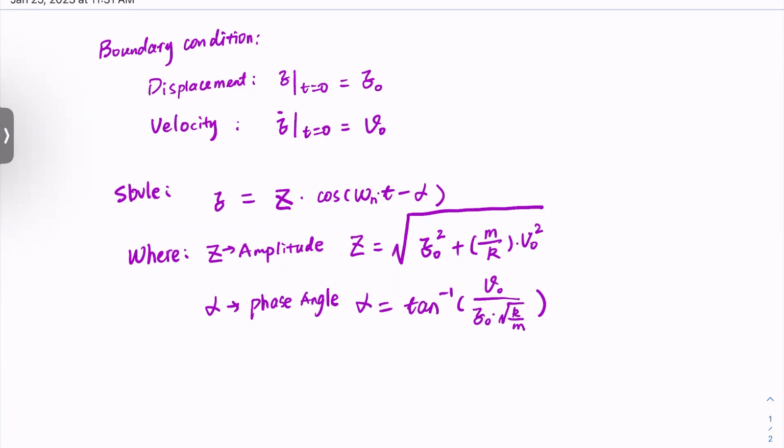I'm sure you understand how we combine the sine and the cosine together. That's just simple trigonometry.